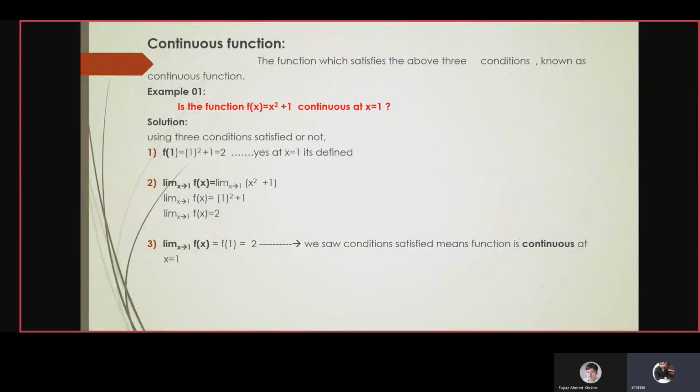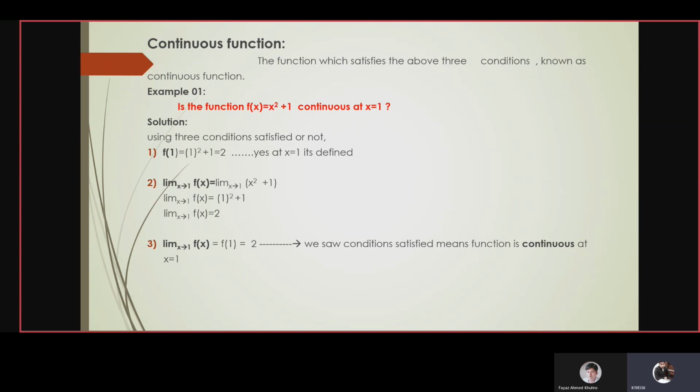What is a continuous function? A function which satisfies the above three conditions. In continuity there were three conditions; if the function satisfies these, it is known as a continuous function.